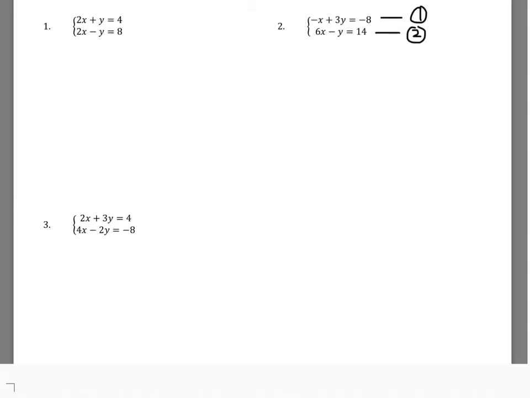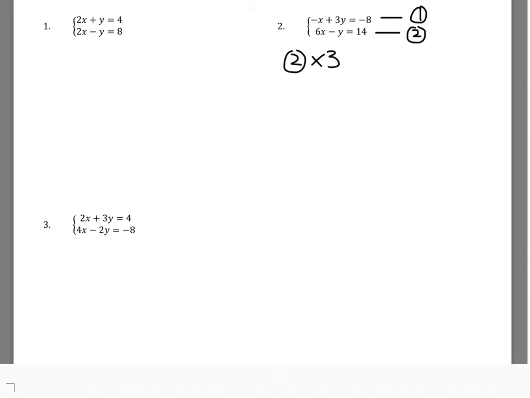So what's the least common multiple between 3 and negative 1? That's 3. So I am going to take the second equation and multiply it by 3. When you multiply the equation, make sure you multiply every term.